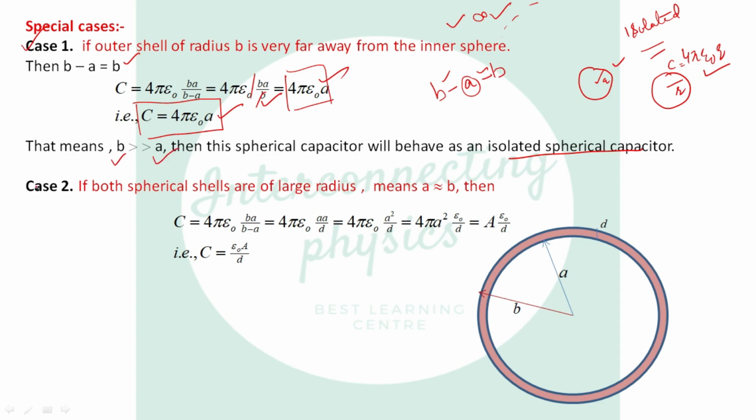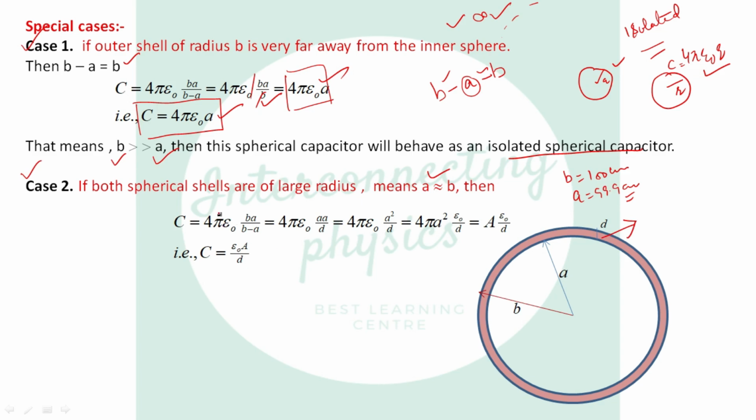Now case number 2. If both spherical shells are of large radius and approximately equal radius. Let us say a is very large, b is very large, and they are approximately equal. Let us say b is 100 centimeter and a is 99.9 centimeter. So both are approximately equal, but the small difference we denote as d.